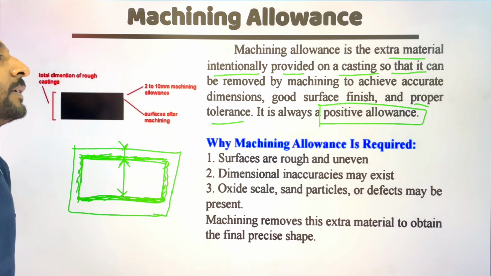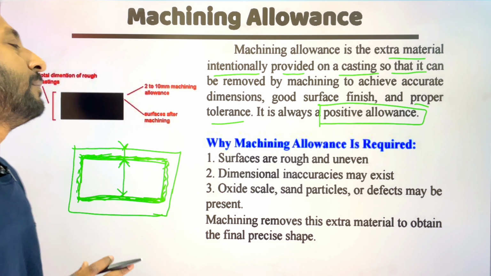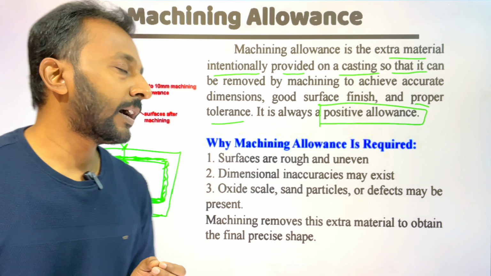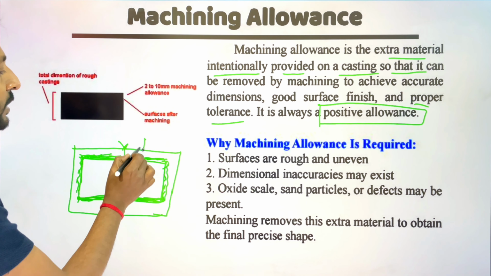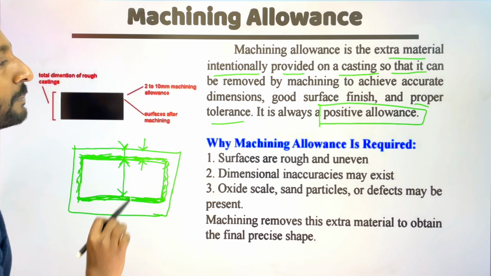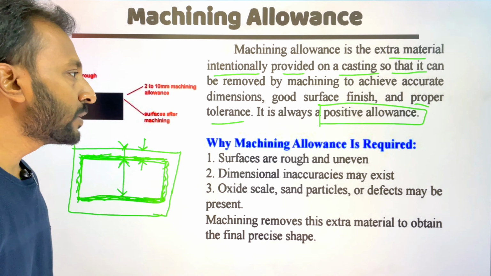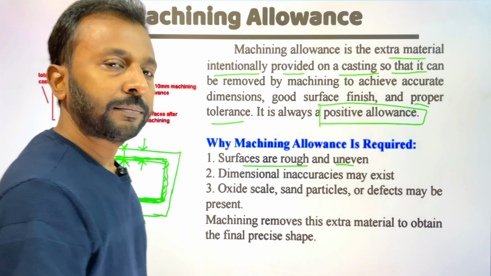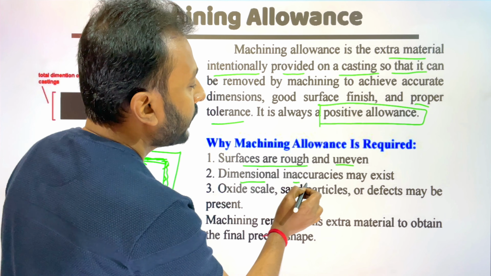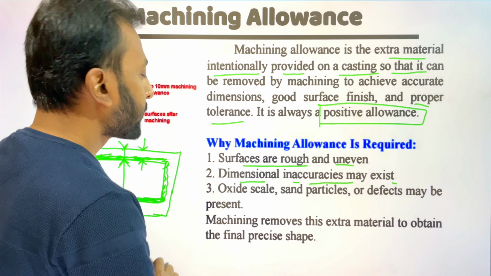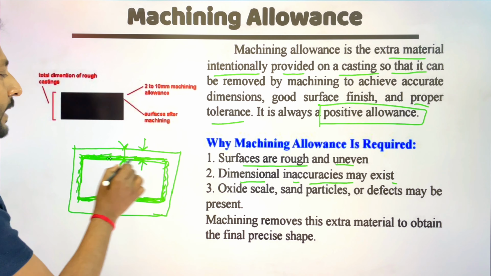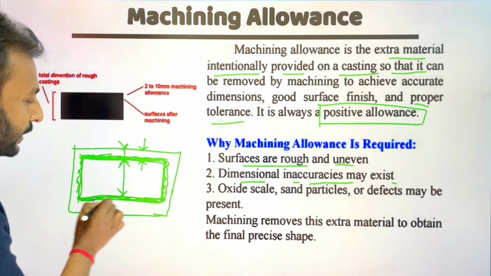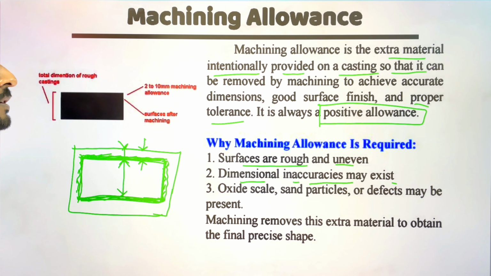So why is machining allowance required and why is it called machining allowance? Because we are adding the extra dimension for machining purposes. That's why it is called machining allowance. And why is it required? Firstly, surfaces are rough and uneven. Next, dimensional inaccuracies may exist. When we are creating any kind of product using the casting process, the dimension may be inaccurate.